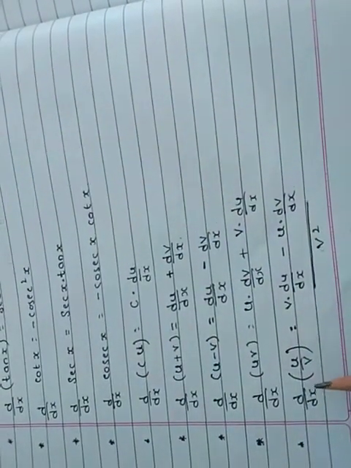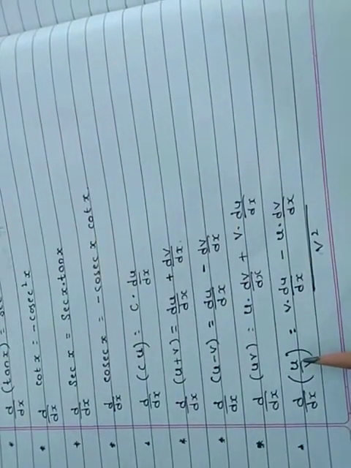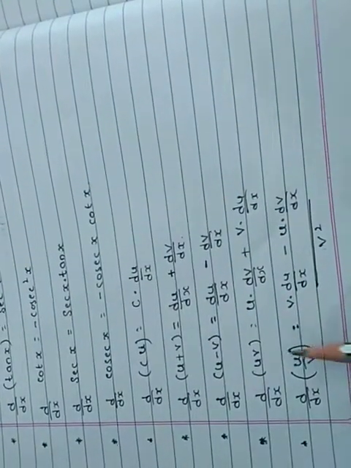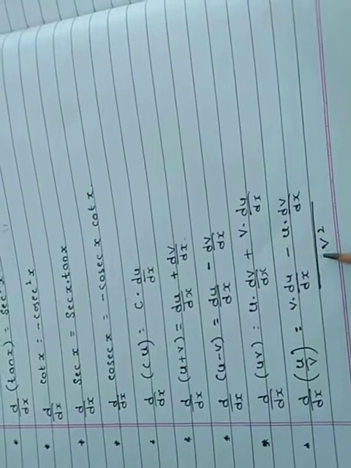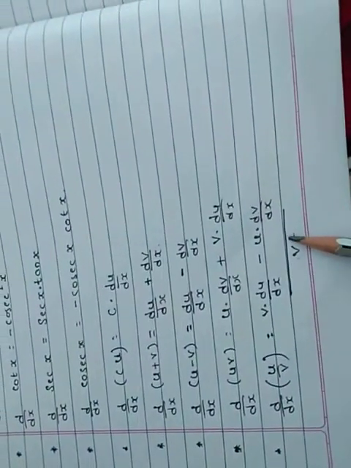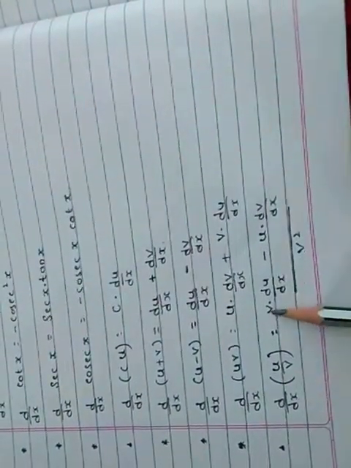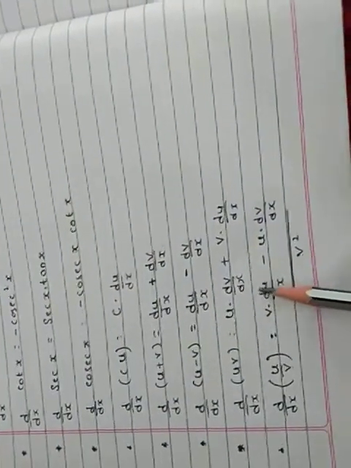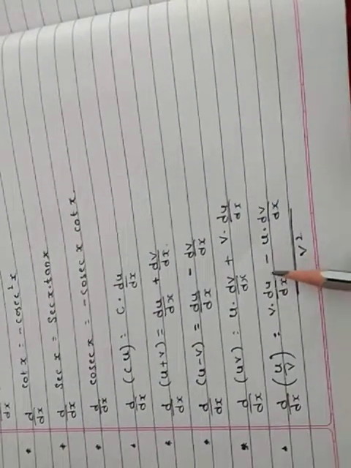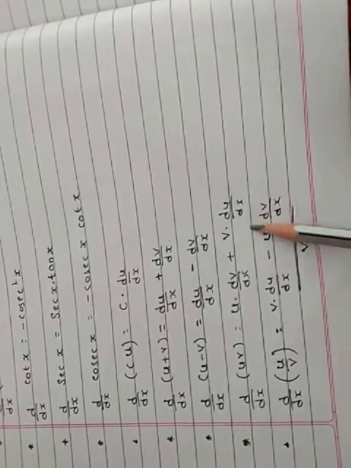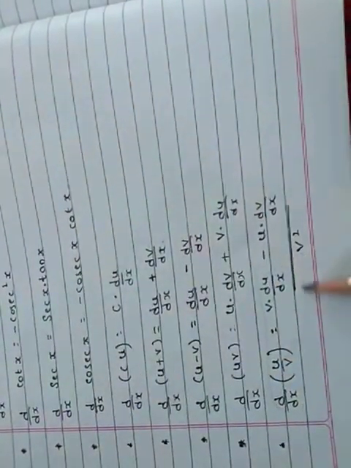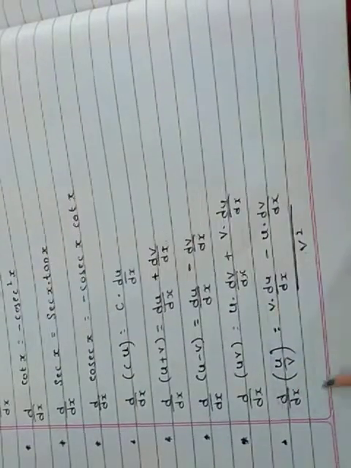Similarly d by dx of u by v, we apply the quotient rule for differentiation. Observe here the denominator whole square, and in the numerator v into du by dx minus u into dv by dx. We need to remember this formula.